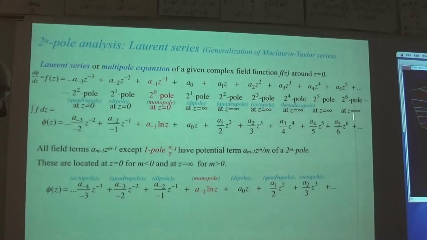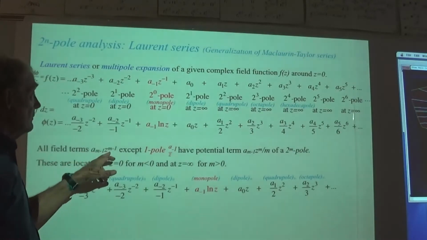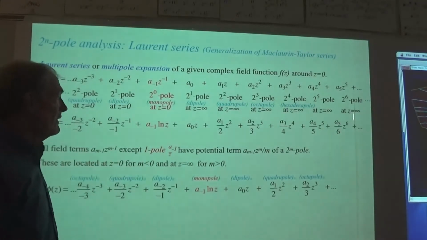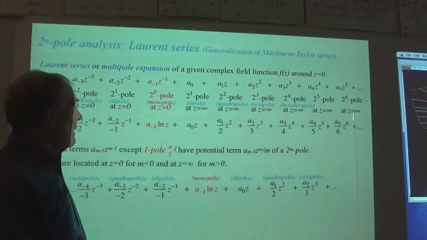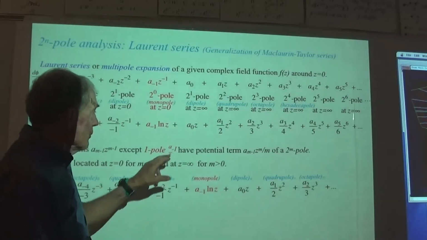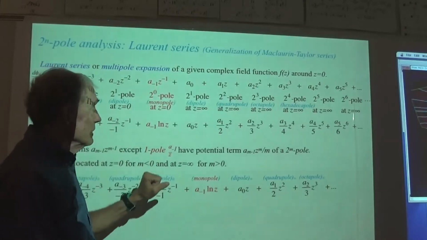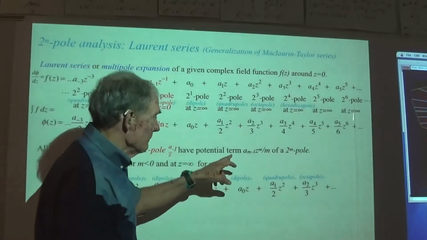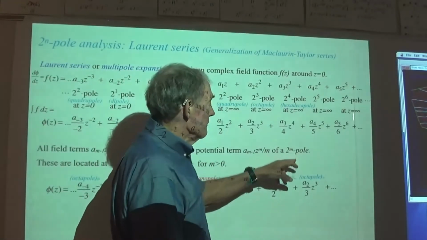Okay, now all field terms except for the red one, the 1 over z, with the coefficient a sub minus 1, have a potential term of a 2 to the m pole.